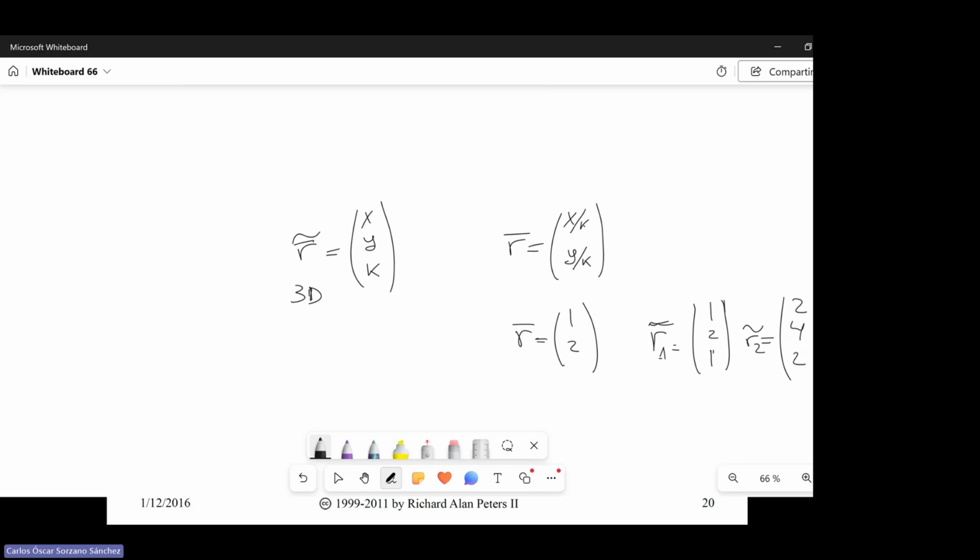And also this vector -1, -2, -1 is also representing the same point. So given a point, you can represent it in many different ways. All of them represent the same point. And that representation will be called the homogeneous coordinates.